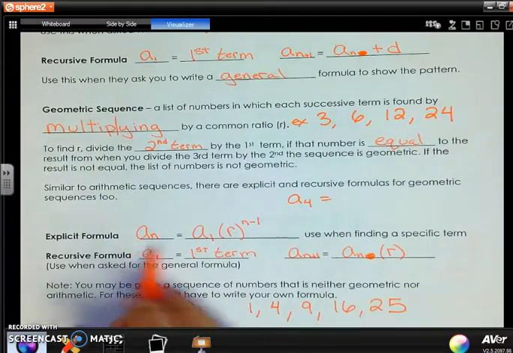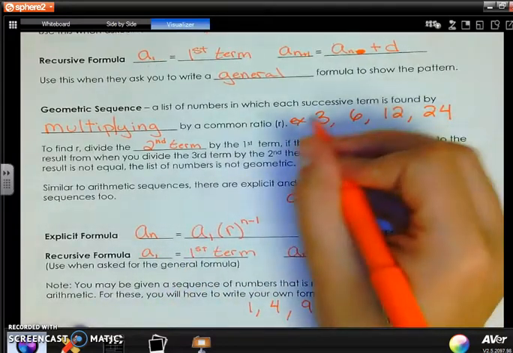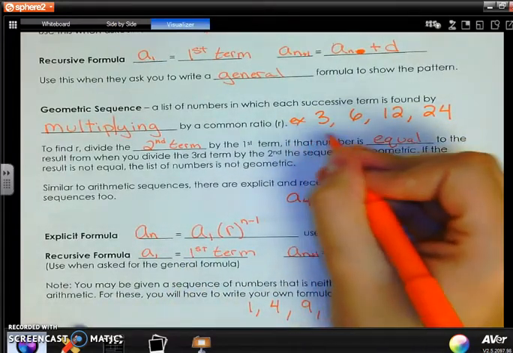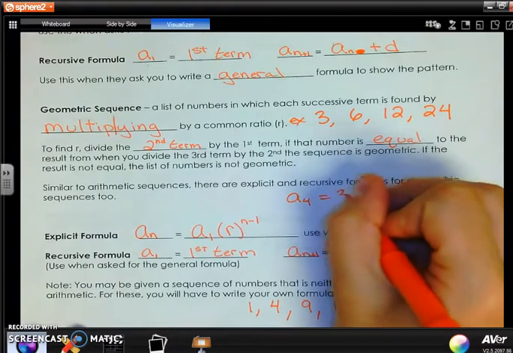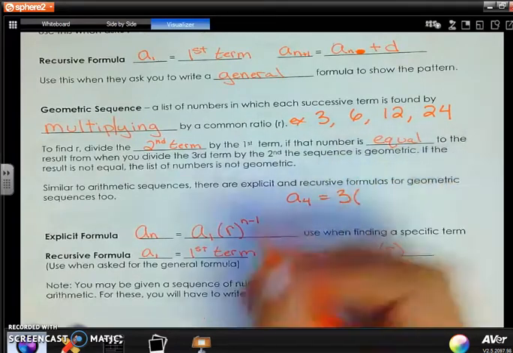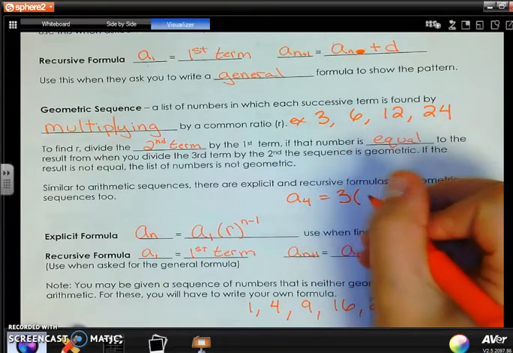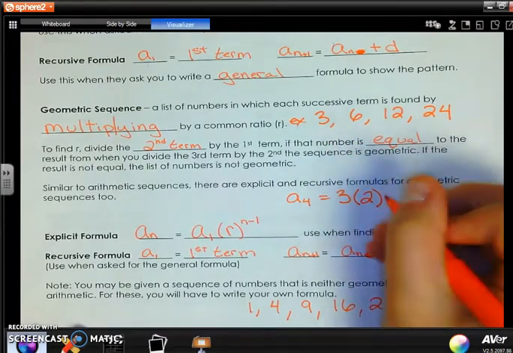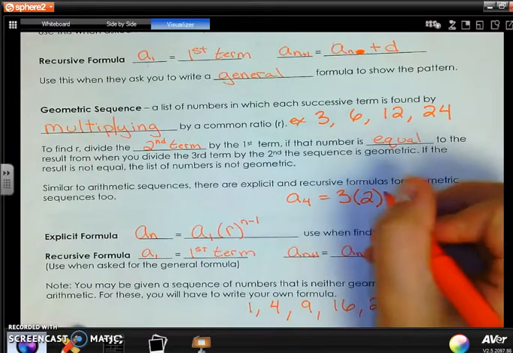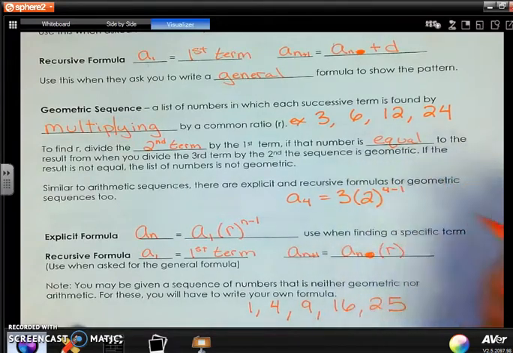So it says to find the 4th term, that equals the first term. In this case, my first term, my a sub 1, is 3. So it'll be 3, parentheses, r raised to the n minus 1. My common ratio we determined was 2. And then I'm trying to find the 4th term, so this would be 4 minus 1.